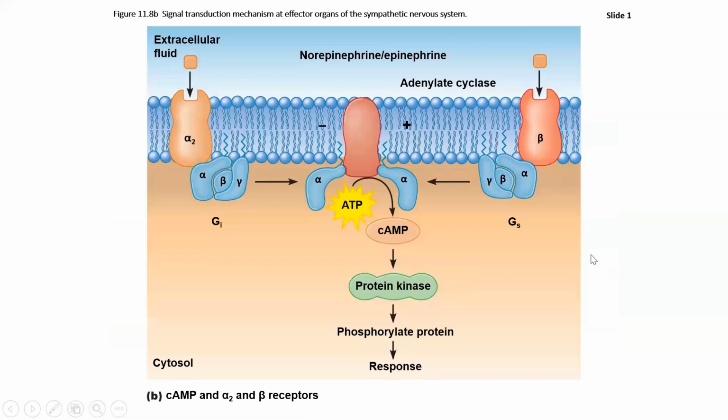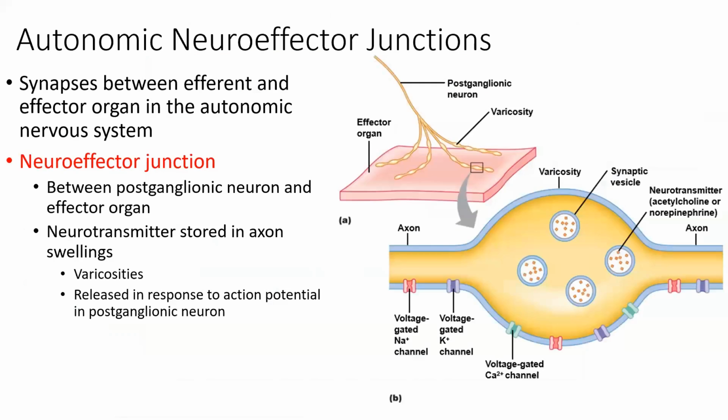We want to establish that there are certain structural differences between those two regions. The neuroeffector junction is larger, right? The area, the synaptic cleft, if you will, is wider. And then we also see the presence of what are called varicosities.